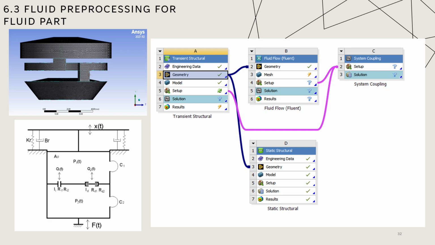For this case, we're going to divide the hydraulic engine mount into two different working conditions: low frequency, big amplitude, and high frequency, small amplitude.